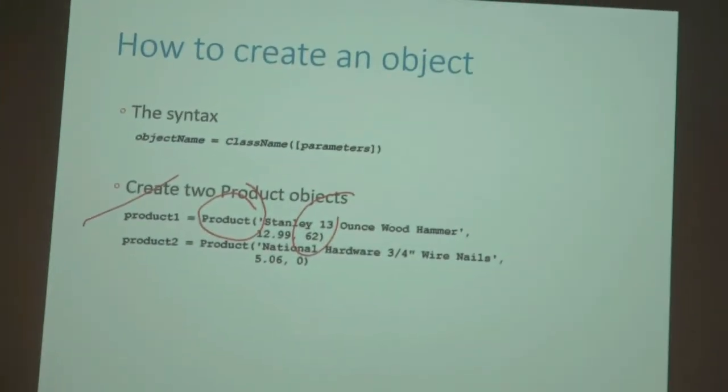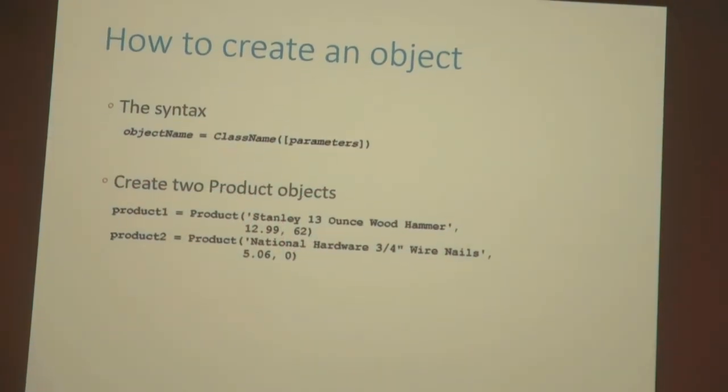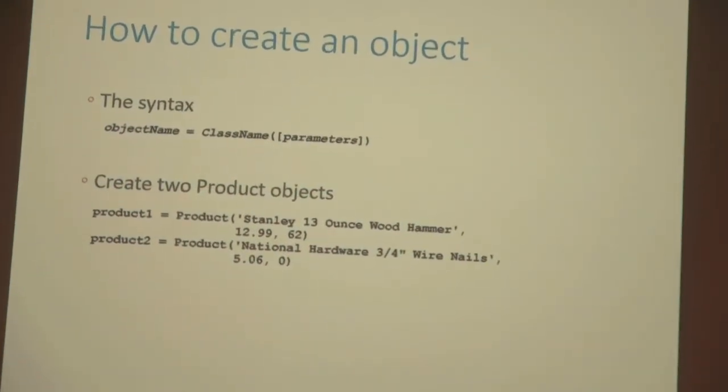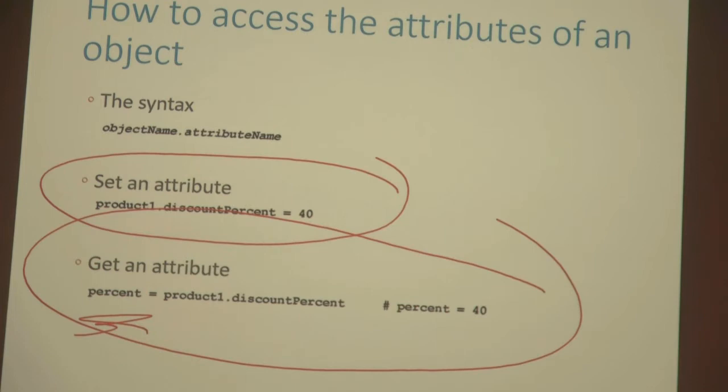So when you look in here, let me clear this a little bit, look at product one. When you're creating product one, you are assigning a value for the name, a value for the price, and a value for the percent. If you don't put anything inside the parentheses, then you're assigning the default values.